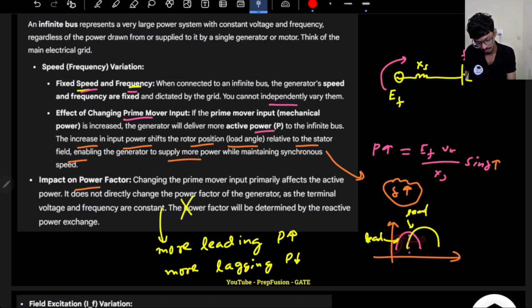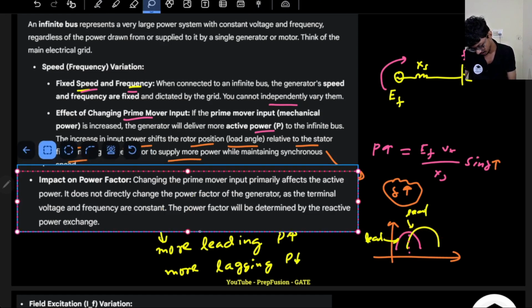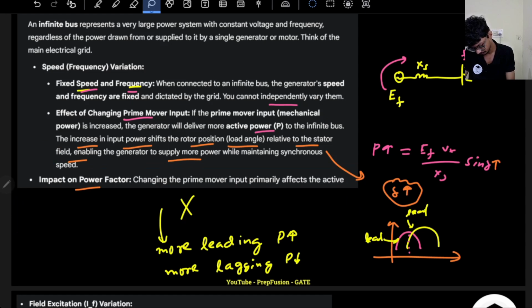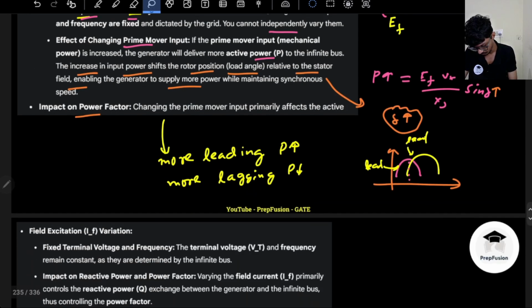If power is increased, it will be more leading, because the graph will shift to the right hand side. So either it will shift to the left hand side or the right hand side. This part I have to change. Now I hope there is no confusion.